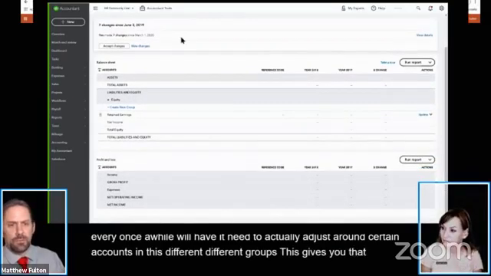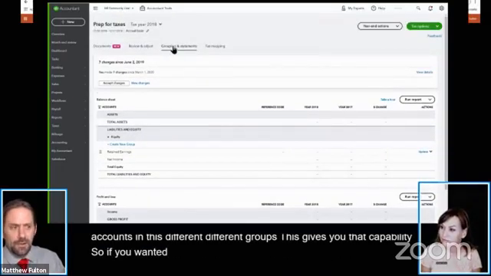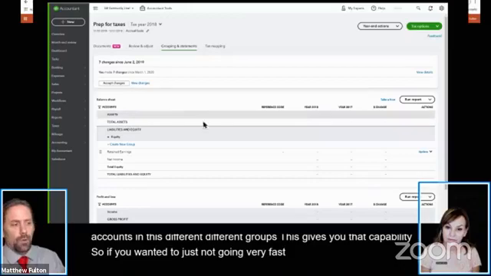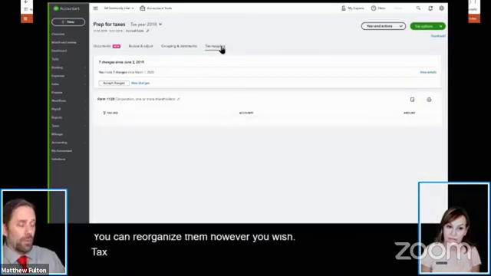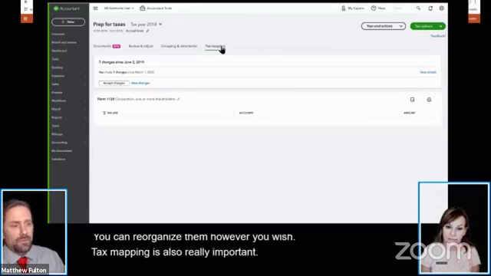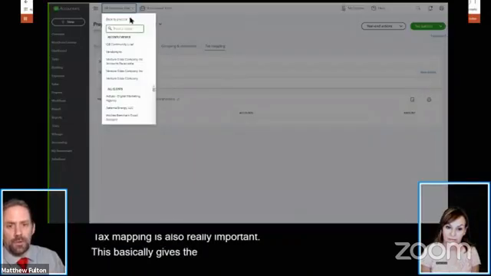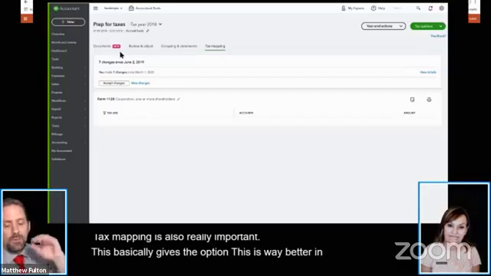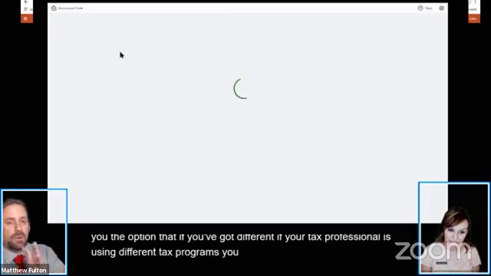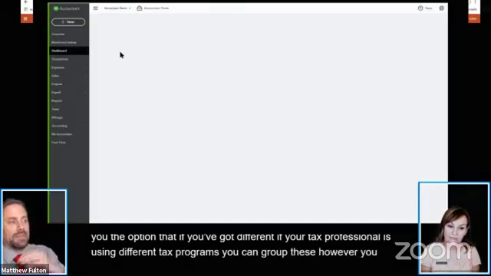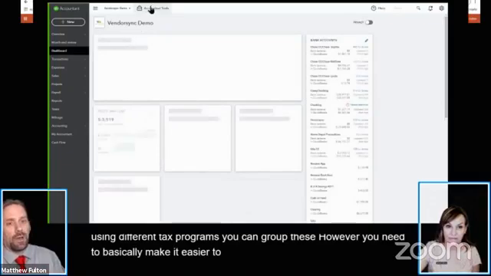You can reorganize them however you wish. Tax mapping is also really important. This is way better than the other file. If your tax professional is using different tax programs, you can group these however you need to make it easier to get the tax work done.